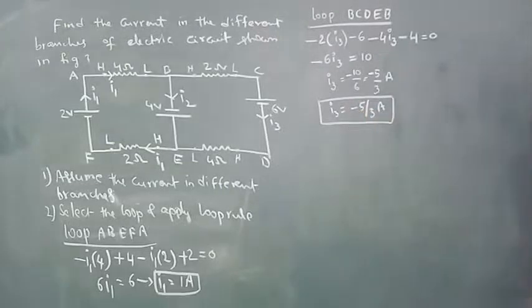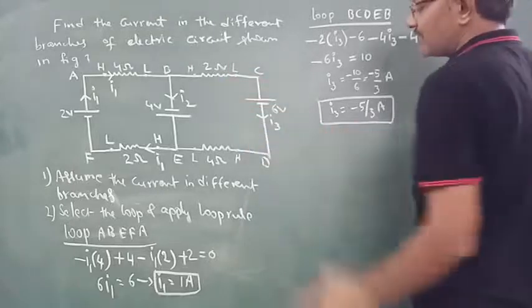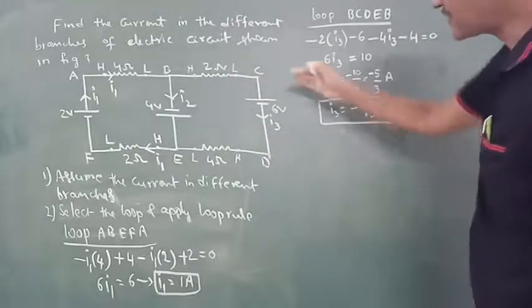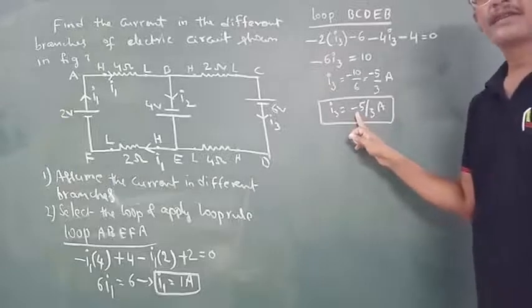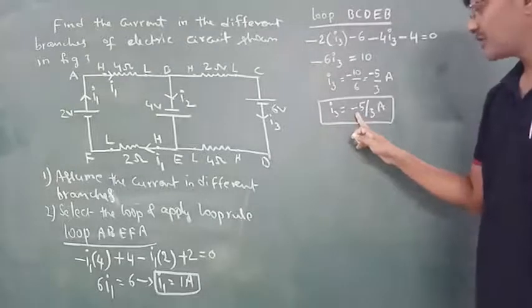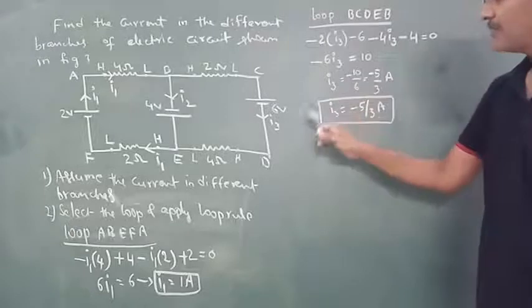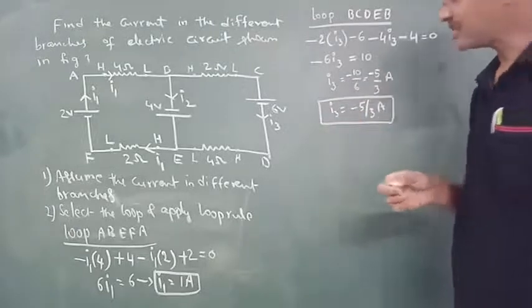So minus sign tells that our assumed direction is wrong, so it moves from B to C. According to our assumed direction, it is found to be minus 5 by 3.